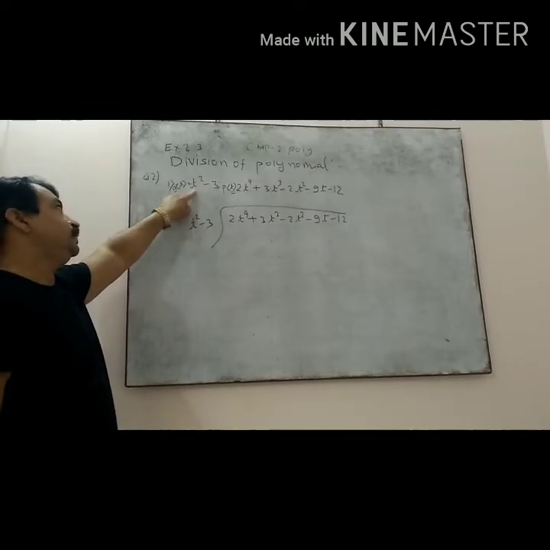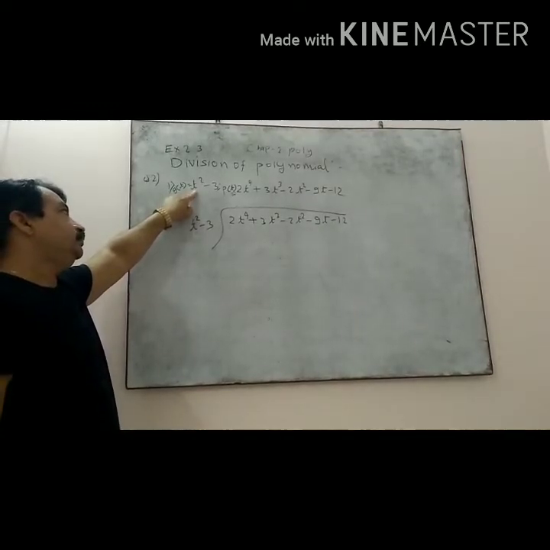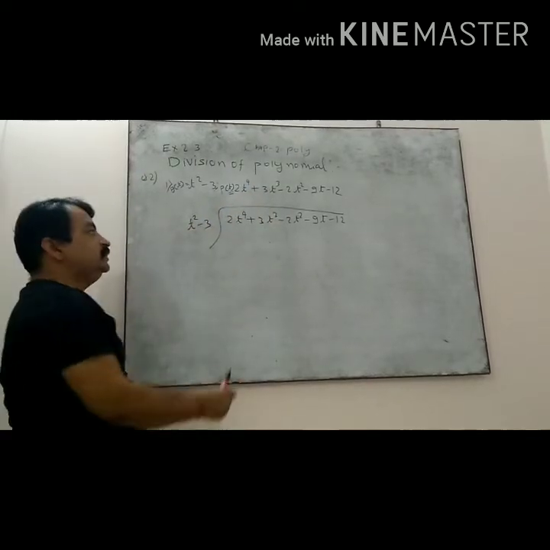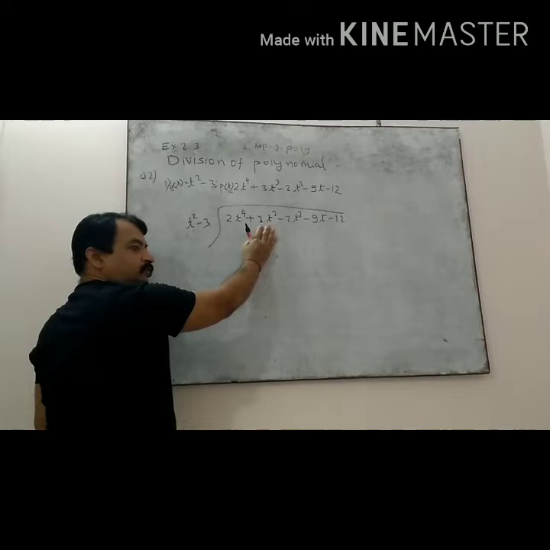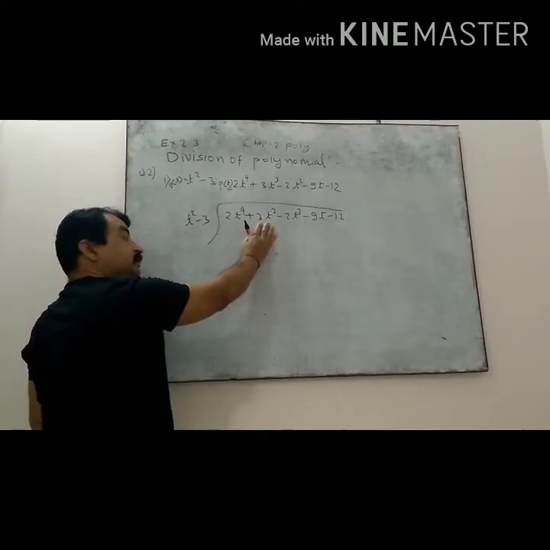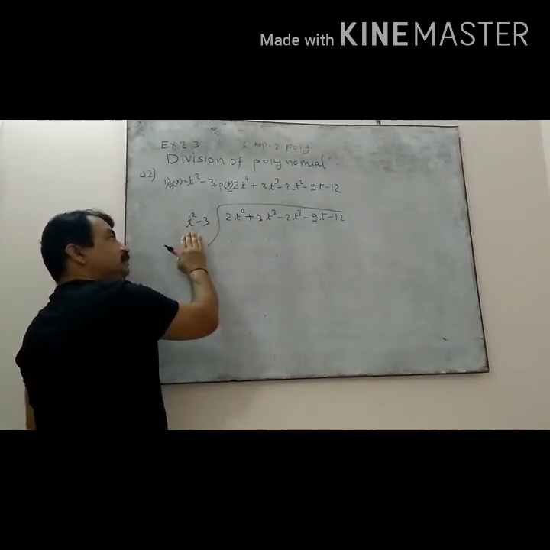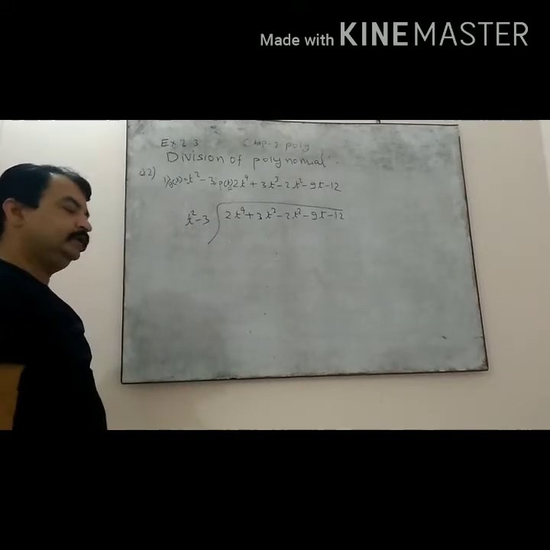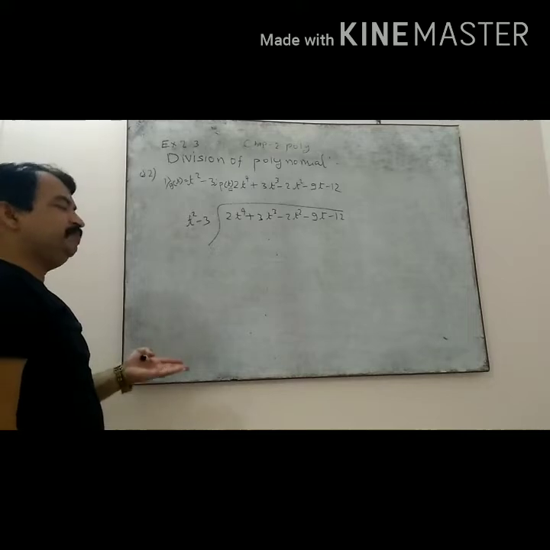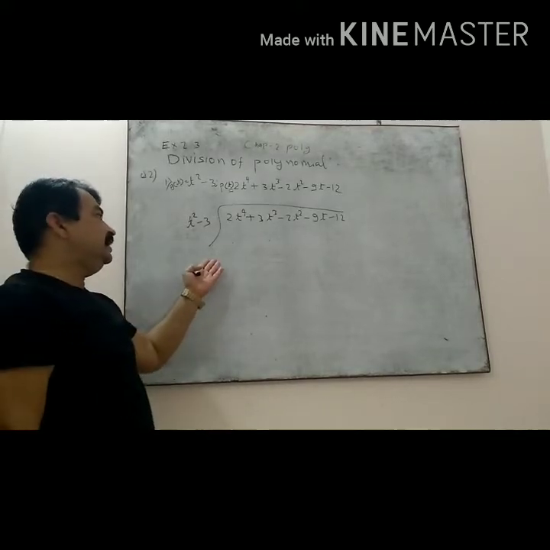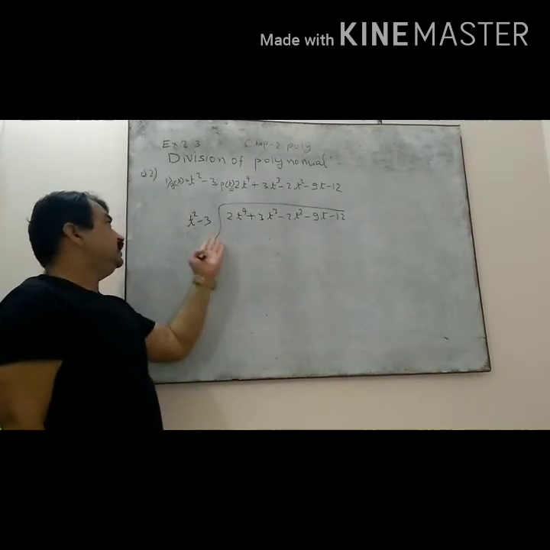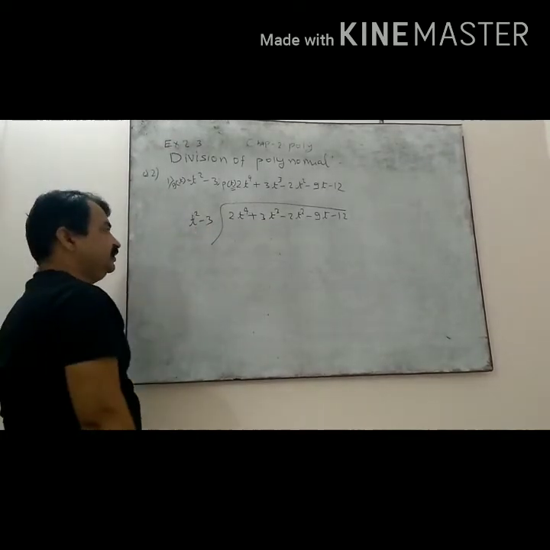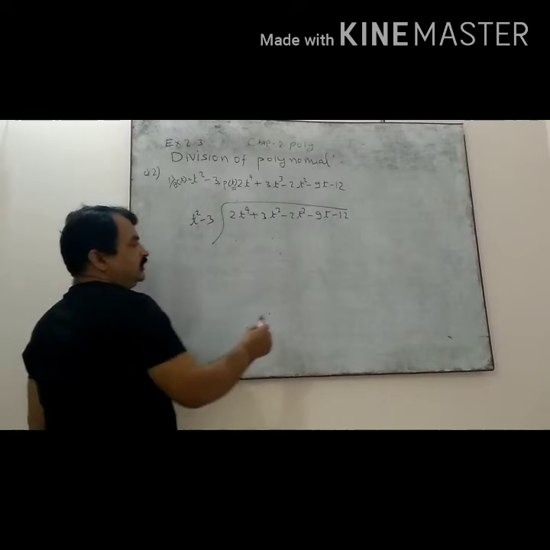This is 2, so this is a quadratic polynomial and the other is a biquadratic polynomial. So your dividend is the biquadratic polynomial, having the higher power, divided by the lower-power quadratic polynomial t square minus 3. Let's divide in the same pattern as we did earlier, and if we get remainder 0, then this divisor will be a factor of the given dividend, otherwise no. That's it.